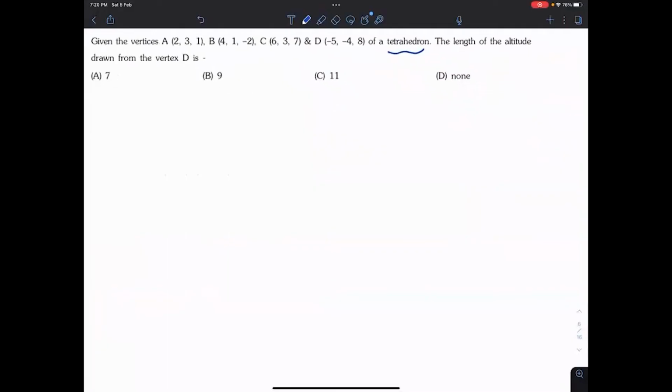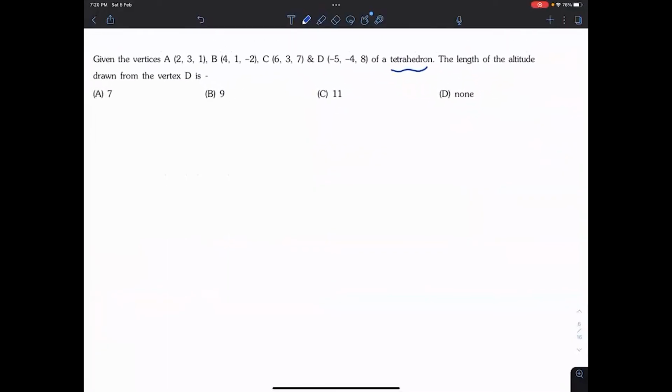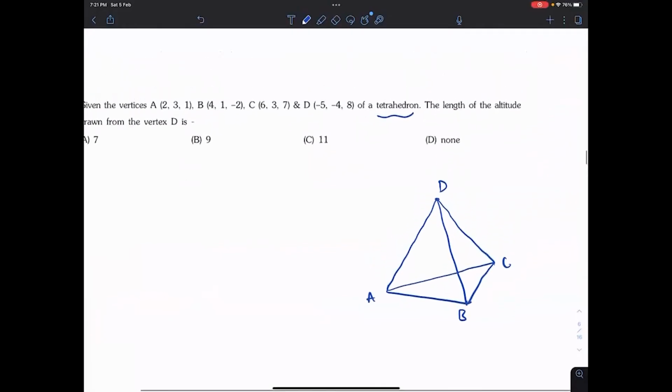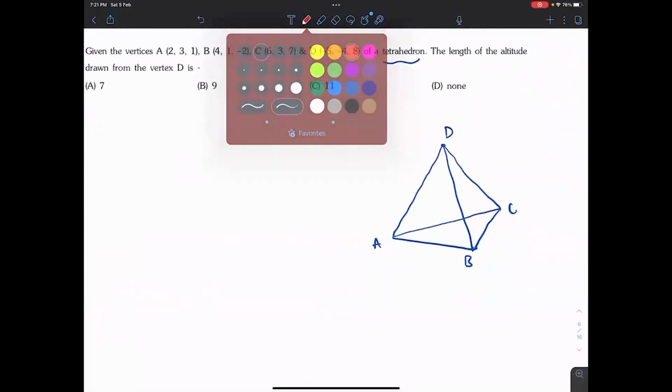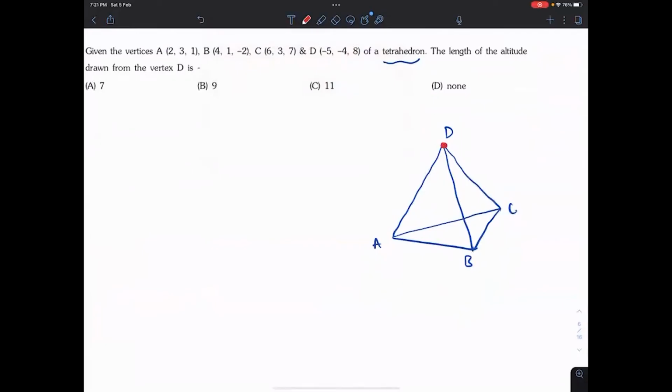Tetrahedron. You know about tetrahedron, no? Tetrahedron is nothing but you take a point in space and connect it to the vertices of a triangle, you will get a tetrahedron. Now you know what the volume of this tetrahedron will be. For finding the volume, you need three vectors.